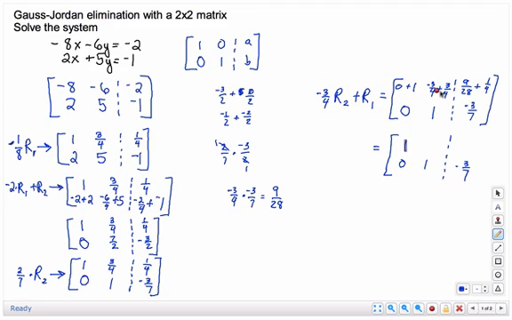0 plus 1 is 1. A negative 3/4 plus 3/4 gives us the 0 we wanted. And then 9/28 plus 1/4. Now, we can see, hey, if I multiply this 1/4 by 7/7, I get the common denominator of 28 here.